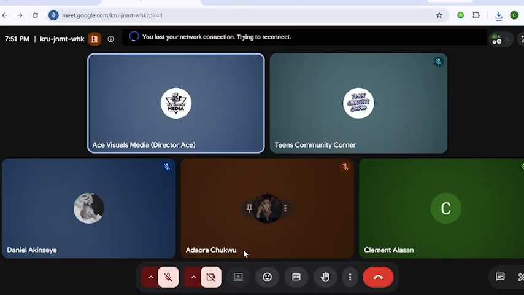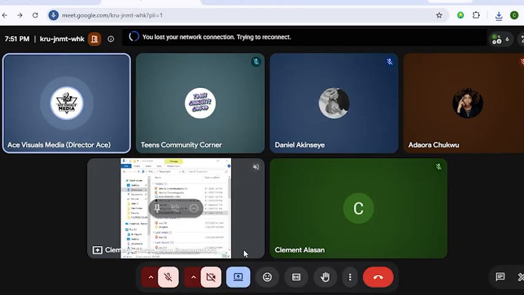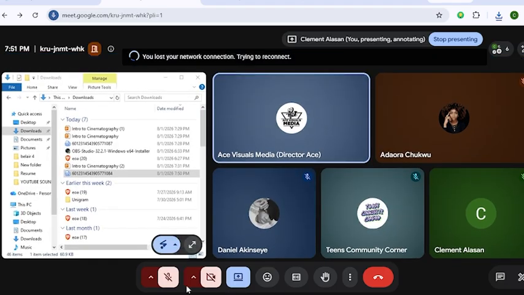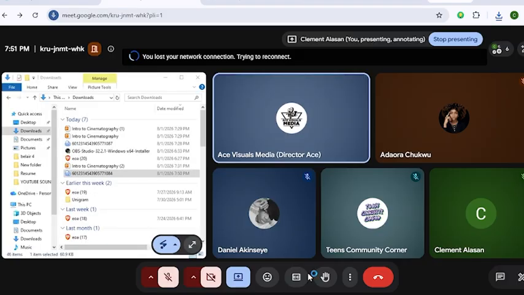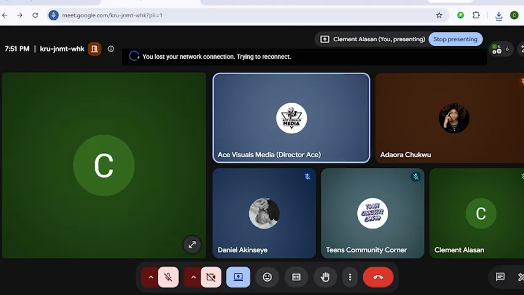Oh, can we see my screen? Why is it not showing?